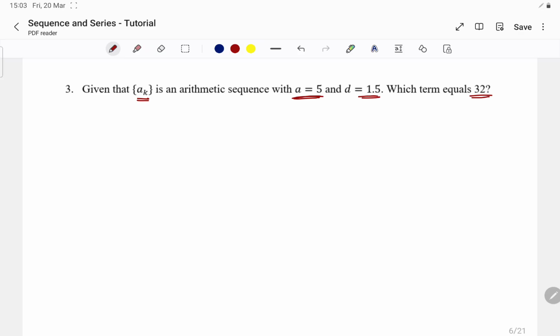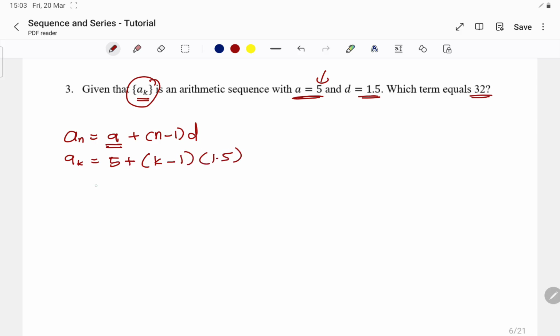32. Now, when we have A and D, what you guys have to do is find AK first. By right, the nth term is equal to A plus n minus 1 multiplied with D, and then we want to find AK, so you just substitute n is equal to K. So here A, you substitute A is equal to 5 that you have, plus n, which is replaced with K right now, minus 1, D, which is 1.5.